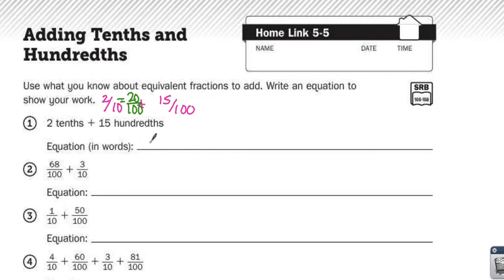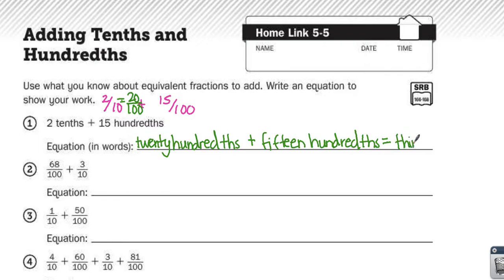So my equation in words would be 20 hundredths plus 15 hundredths equals, and I know 20 plus 15 is 35, and my hundredths stay the same.